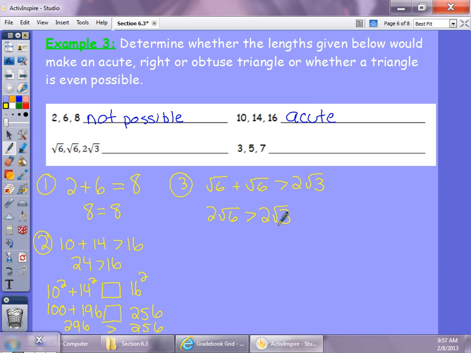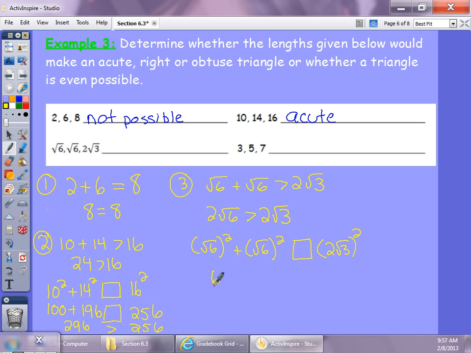So from here we can go ahead and test. So we're going to take root 6 squared plus root 6 squared. And again, we're going to put the box because I don't know if it's greater than, less than, or equal to 2 root 3 squared. Okay, so remember that a square and a square root cancel each other out.